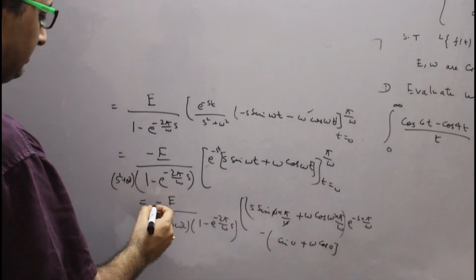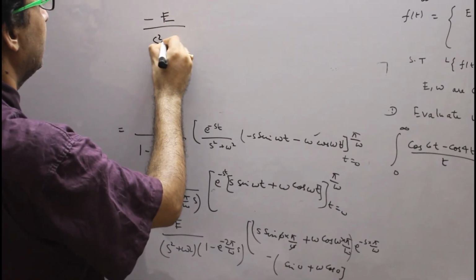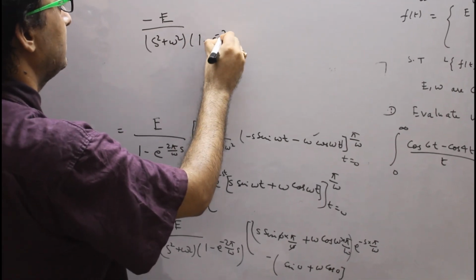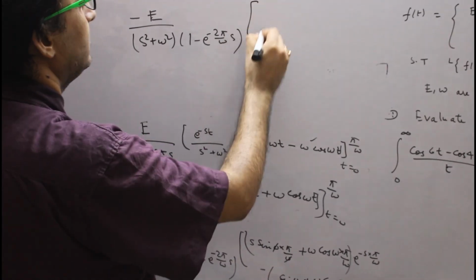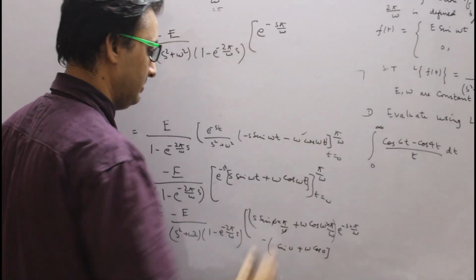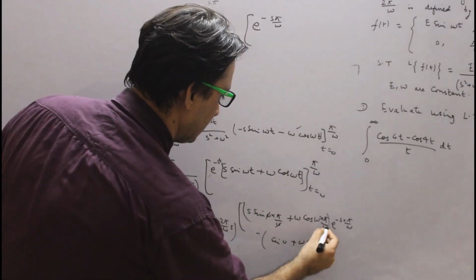So it is, minus sign is there, so minus e over s square plus omega square into 1 minus e to the power 2 pi omega by s, e to the power minus s pi omega, and here it is cos pi.